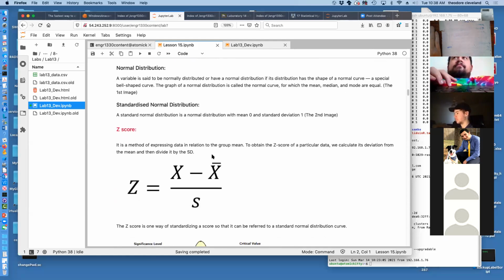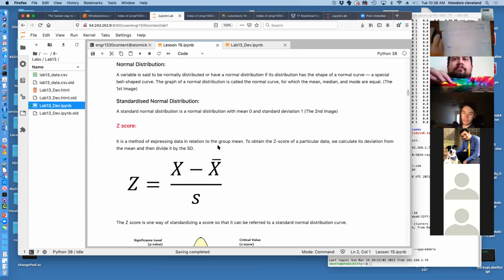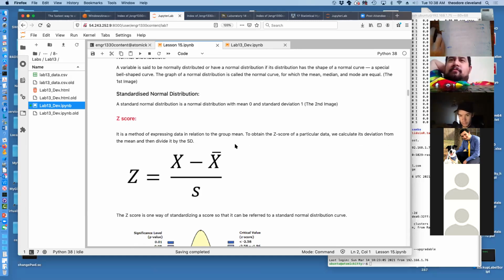So a variable is said to be normally distributed or have a normal distribution if its distribution is the shape of a normal curve, which is a special bell-shaped curve. We're all pretty familiar with this by now because we've hit you in the head with a bell a few days in a row. The graph of a normal distribution is called the normal curve.